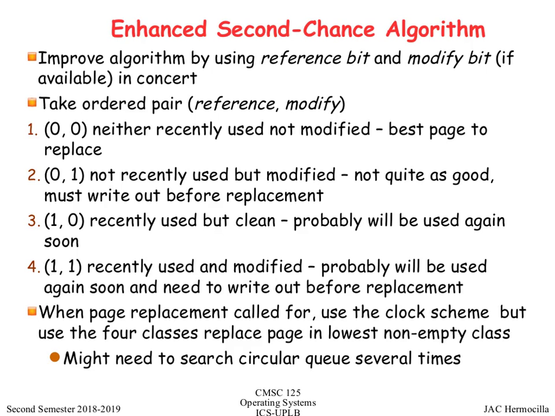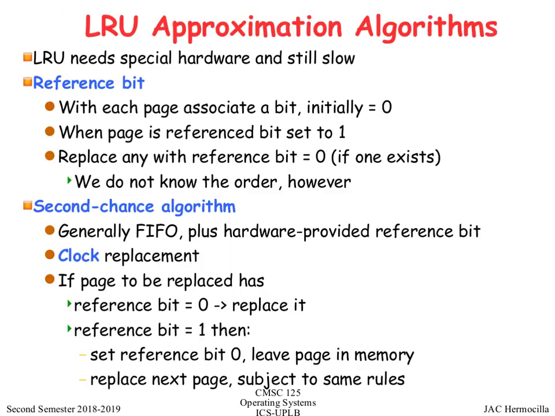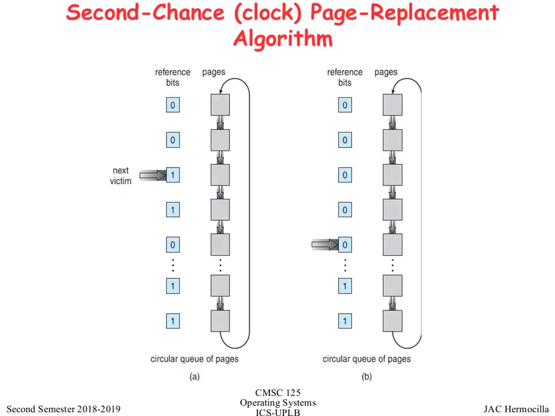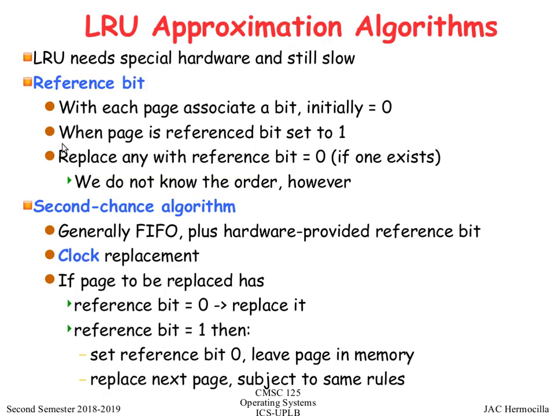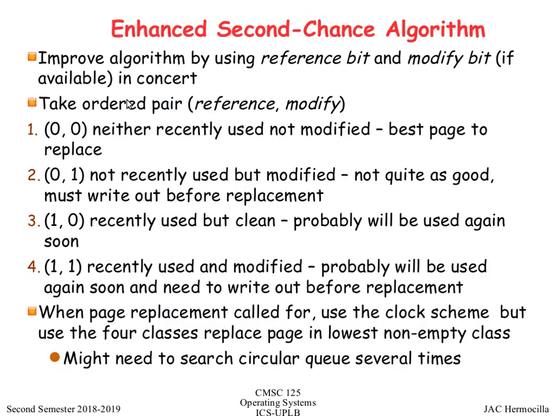So we also have an enhanced second chance algorithm. What it does is, kasi dun sa default na second chance algorithm, ang ginagamit mo lang doon ay reference bit, only one value, so 1 or 0 lang yan. Okay? But in the enhanced second chance algorithm, you use the reference bit and the modify bit. Okay, dalawa. So pag 0, 0, neither recently used nor modified is the best page to replace.